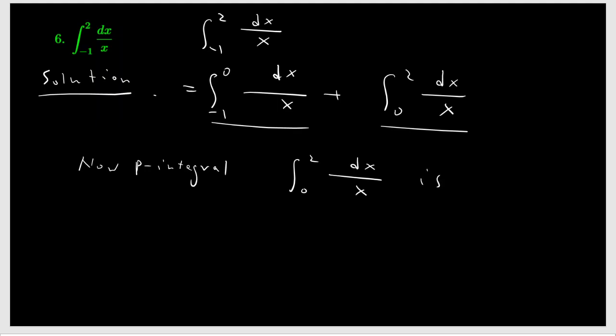This is a particular p integral with p equal to 1, you see x to the power of 1. You remember when the value of p is less than 1, the type 2 improper p integral is convergent. When the value of p is greater than or equal to 1, it's divergent. So this is divergent.